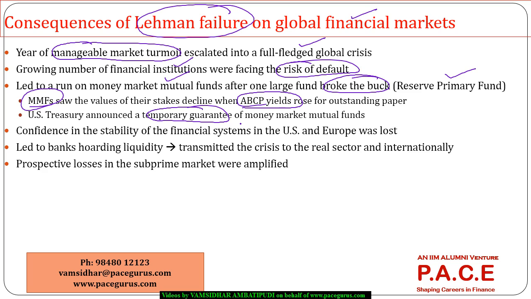So the real sector and even the global markets got badly affected because of this move. And more and more apprehensions regarding the prospective losses in the subprime market added more fuel to the fire, resulting in a drastic impact on global financial markets.